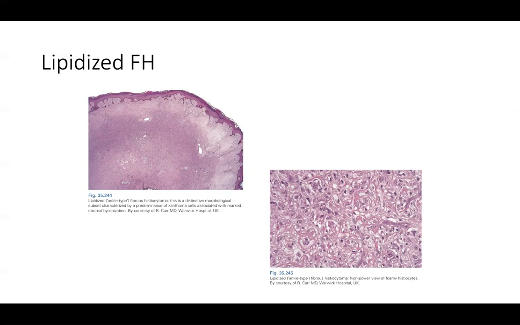You could put on your basic melanocytic stains and your keratin stains, make sure that there's no epithelioid sarcoma or melanoma. Any other entities that you might want to rule out will be important, and finding that most of it's negative and that your factor 13A is positive, then you can say, okay, this is just a lipidized fibrohistiocytoma.